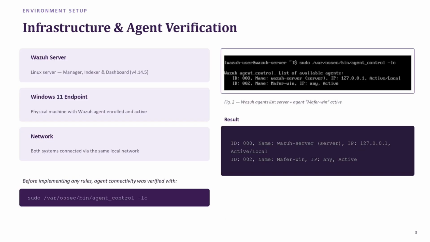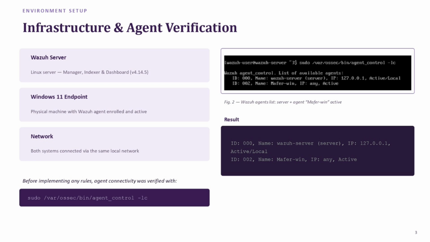Now let's talk about the lab environment. I used a Wazuh server running on Linux with the manager, the indexer, and the dashboard, version 4.4.5. The endpoint was a physical Windows 11 computer with the Wazuh agent installed and activated. Both machines were connected to the same local network.